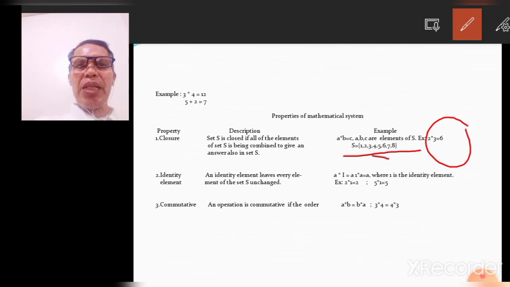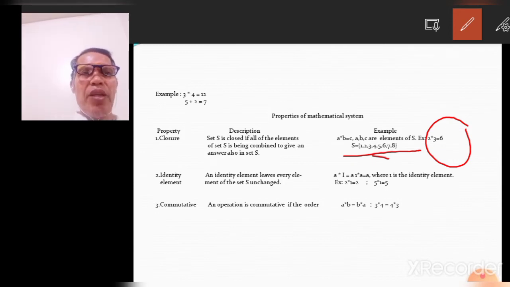Another property of a mathematical system is the identity property. In the identity property, there is what we call the identity element. Now, what is an identity element? An identity element is an element that leaves every element of the set unchanged.